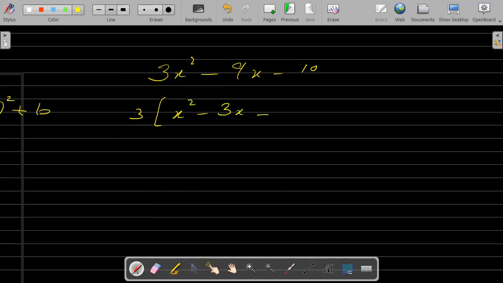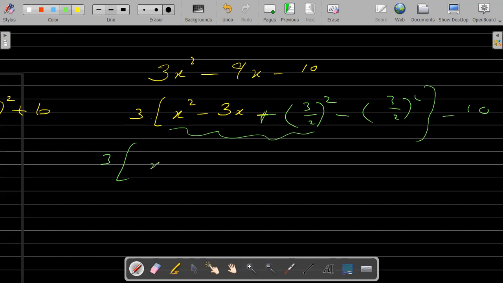Then the same procedure: the square of half of the x coefficient should be added, then subtracted. Bracket open, bracket close, minus 10 outside. So 3 here, this will give you the complete square of (x minus 3 over 2) whole squared. Under the first square is x, and under the second square is (3 by 2) whole squared, minus as it is.